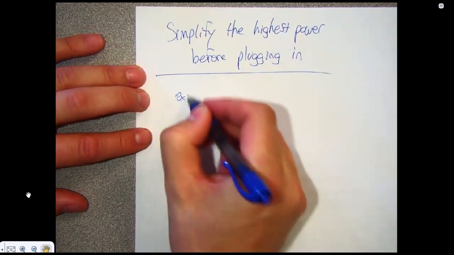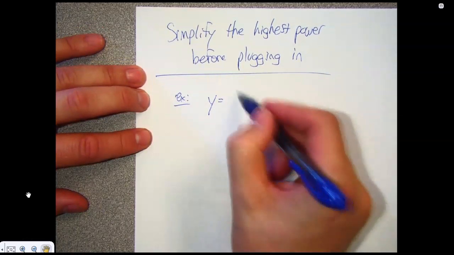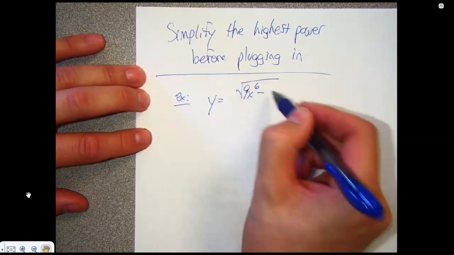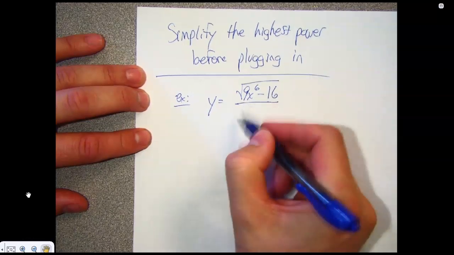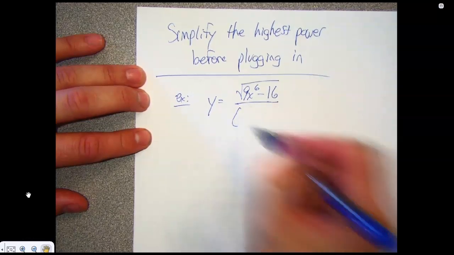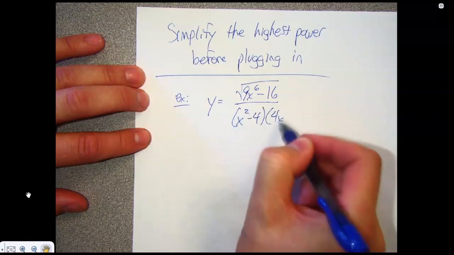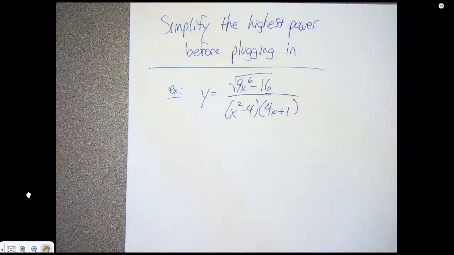So for example, y equals the square root of 9x to the 6th minus 16 over x squared minus 4 times 4x plus 1.